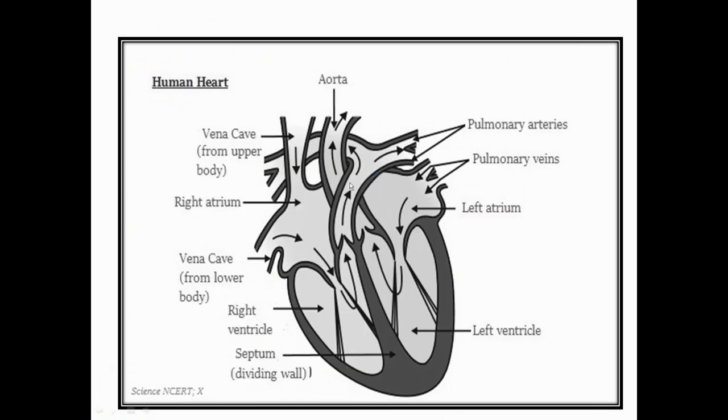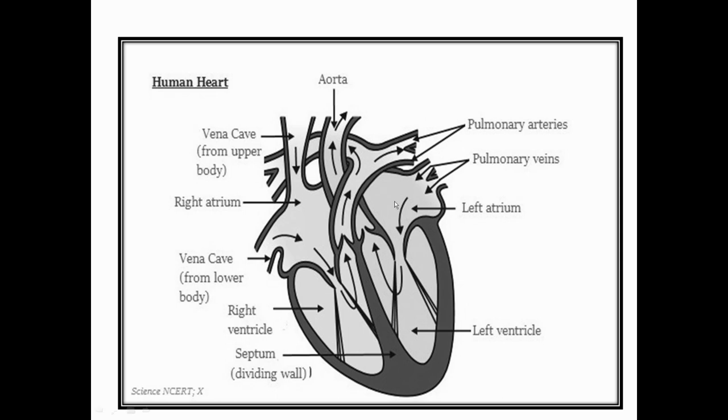Now look at this diagram once again. This is the black and white diagram of the heart, which we have discussed earlier. I have made this diagram in black and white form deliberately so that you can draw this diagram very easily with the help of your drawing skills.